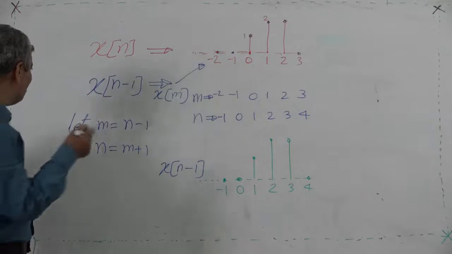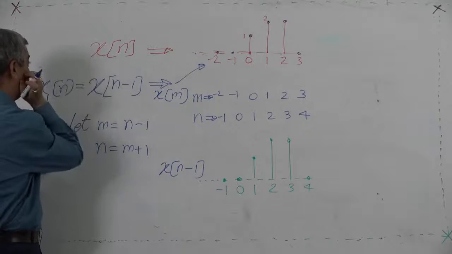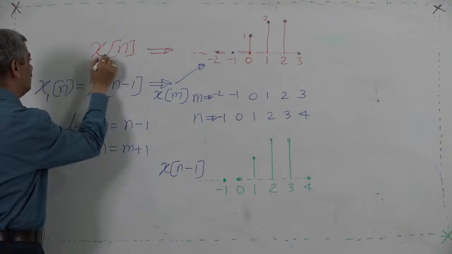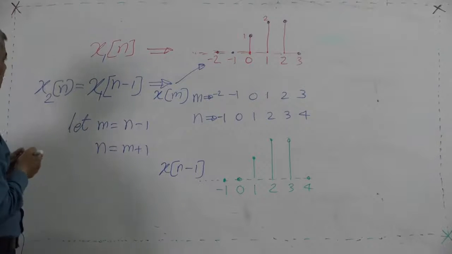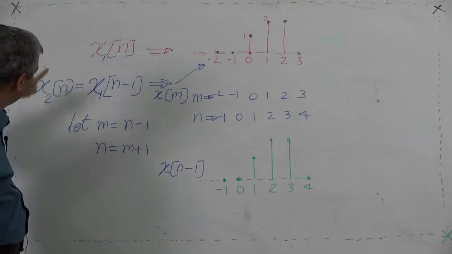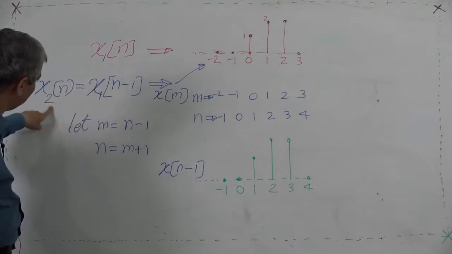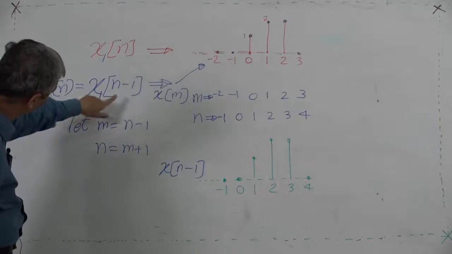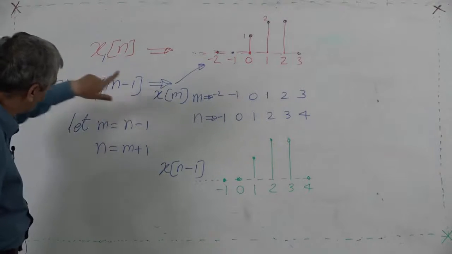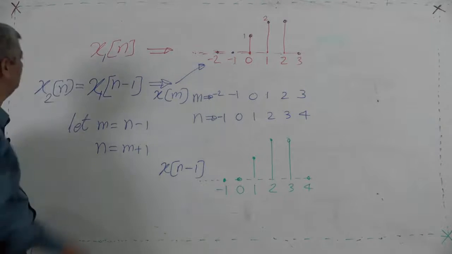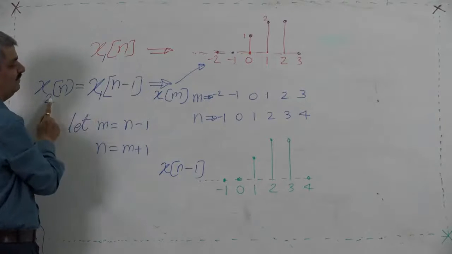If I say this is x1[n], and I use this as x2[n], the shifted version of x1[n], then x2[n] is the sequence x1 shifted by 1. So, x1[n] for n equal to 0 becomes x2[n] for n equal to 1.